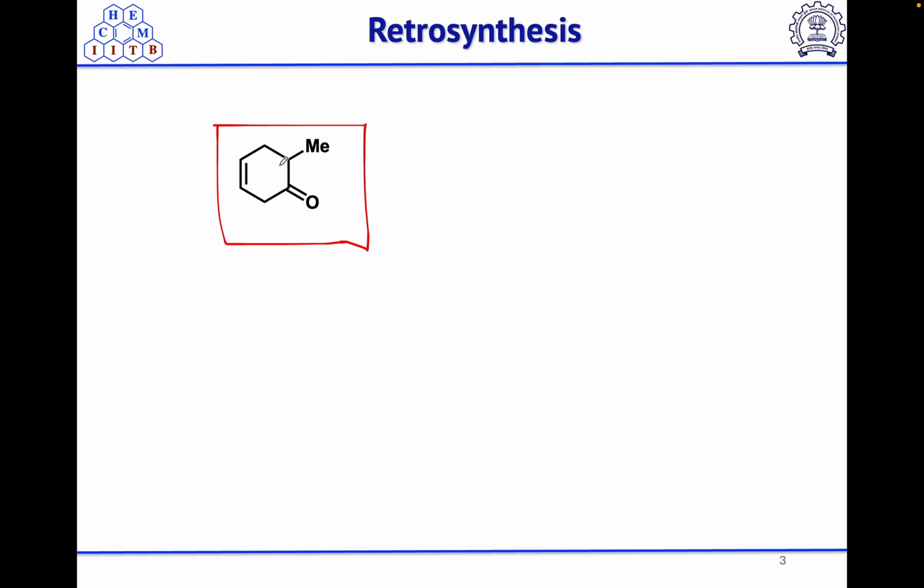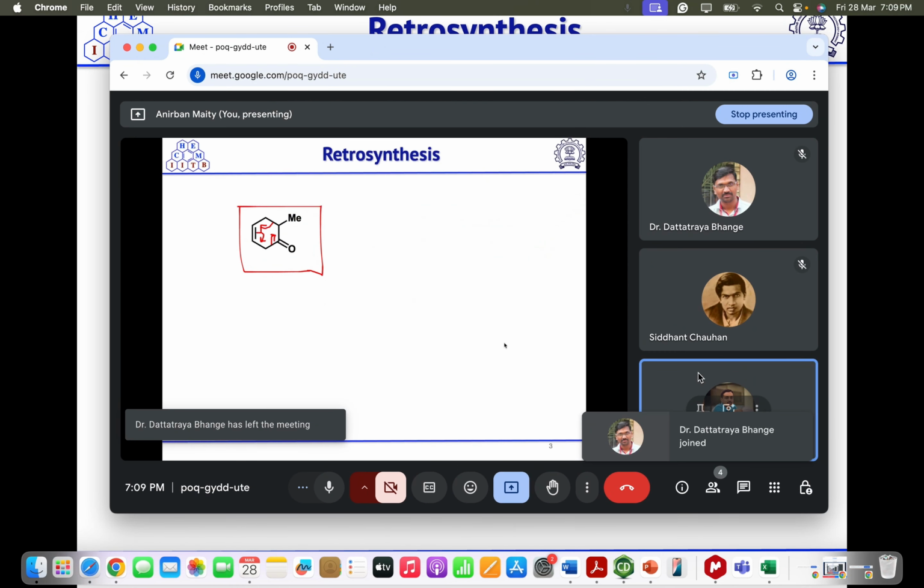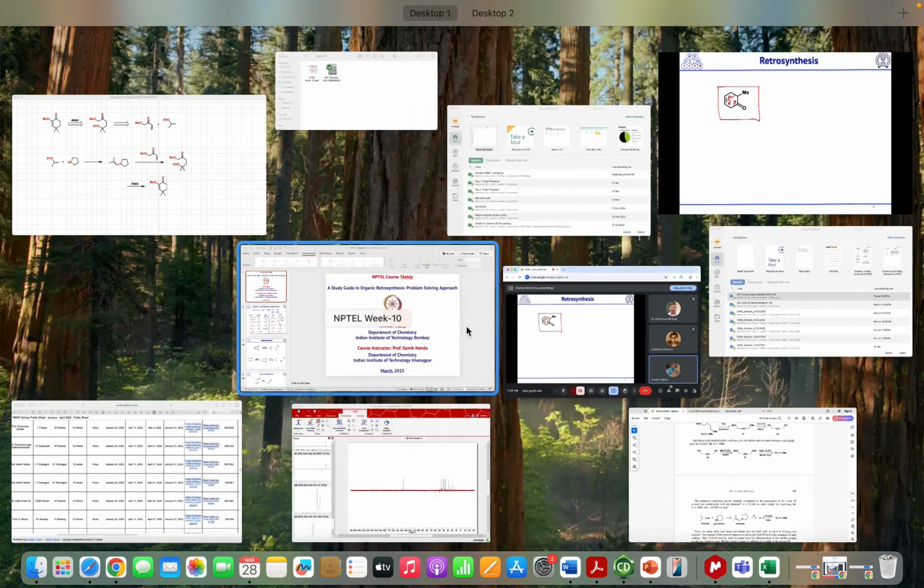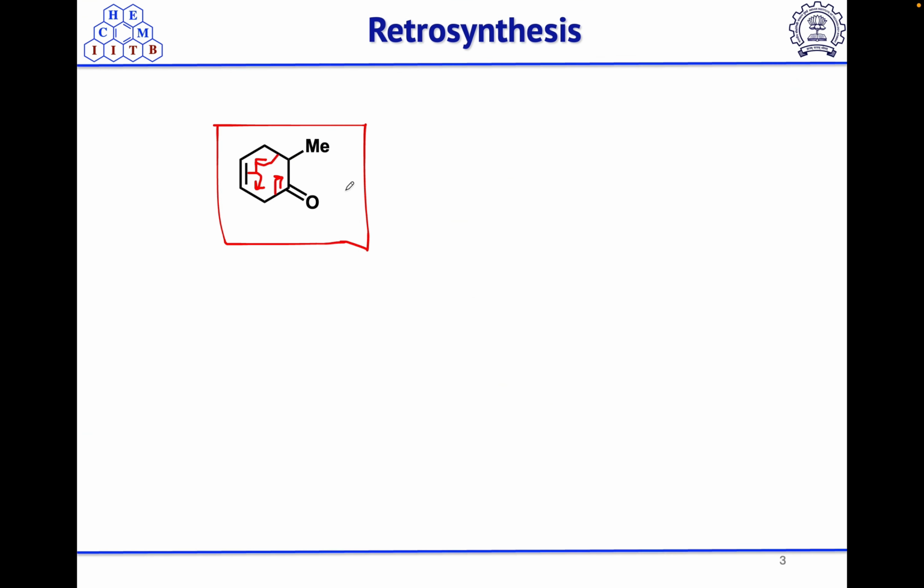A Diels-Alder reaction gives a cyclohexene. If we want to see whether it could be made by a Diels-Alder reaction, just see the arrow pushing mechanism. This can fall here, this can fall here, and this can fall here, right? Now, what will be the corresponding diene and dienophile?